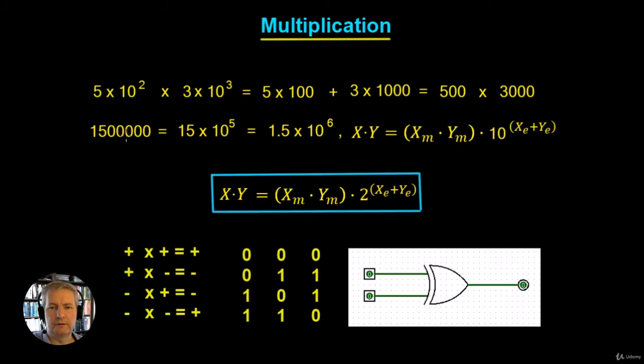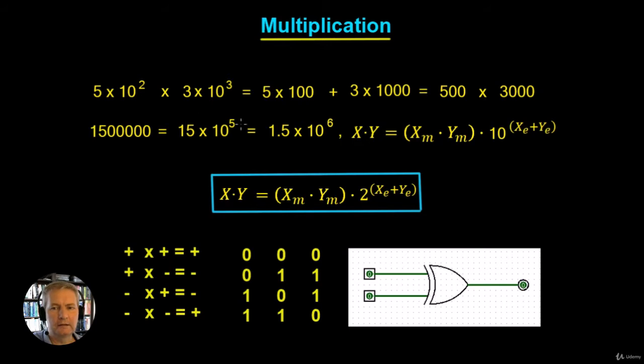This again can be written in scientific format as 15 times 10 to the power of 5. So we just go from the decimal point here and we count in 1, 2, 3, 4, 5 to get to this point here. So the answer to multiplying these two numbers together is this number here.